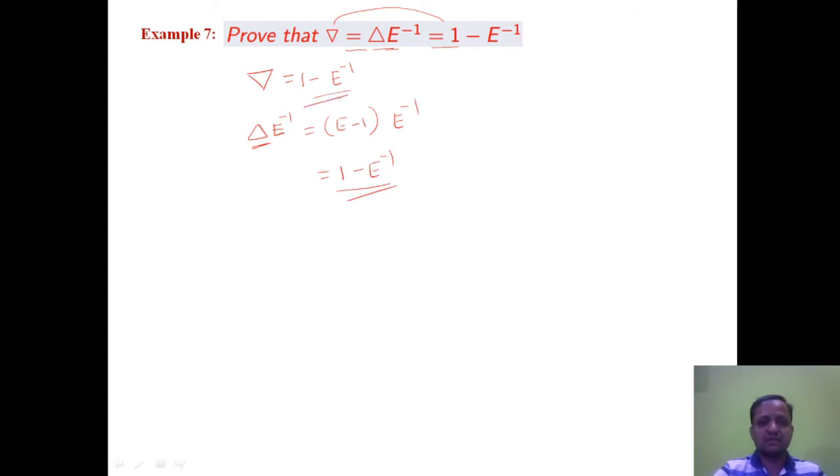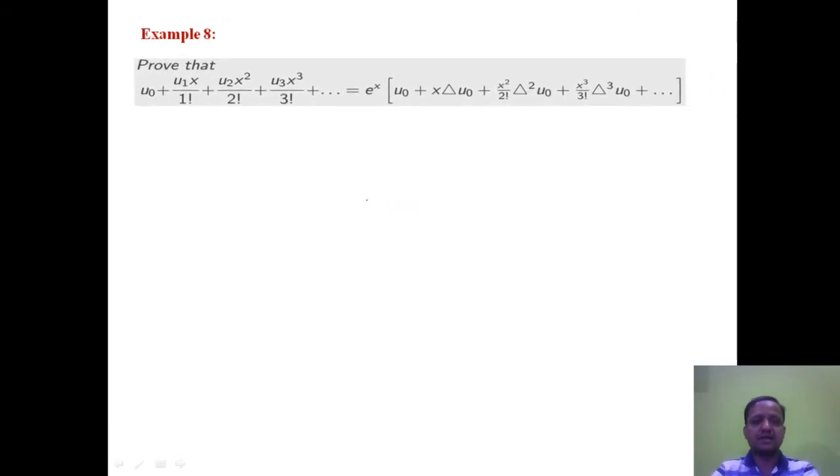So these two quantities are equal, and the right hand side is also the same. Therefore, we can write nabla is equal to delta, the forward difference operator, delta E power minus 1, equal to 1 minus E power minus 1, and proved.